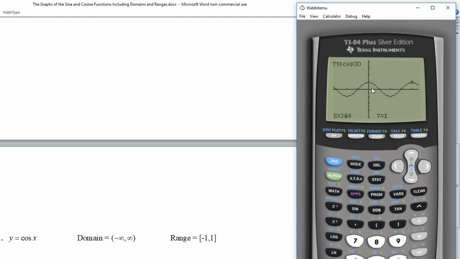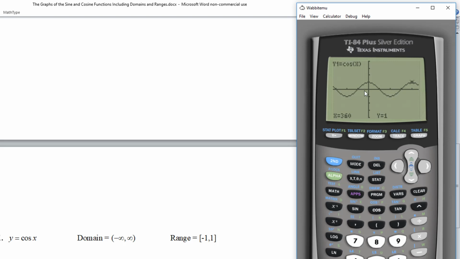I'm sorry, this is 0 radians, and then this one over here is pi radians, and this one right here is 2 pi radians. So again, it reaches a high or a low at 0, pi, 2 pi, and then 3 pi, and so forth. So at the multiples of pi, it reaches a maximum of 1 or a minimum of -1.